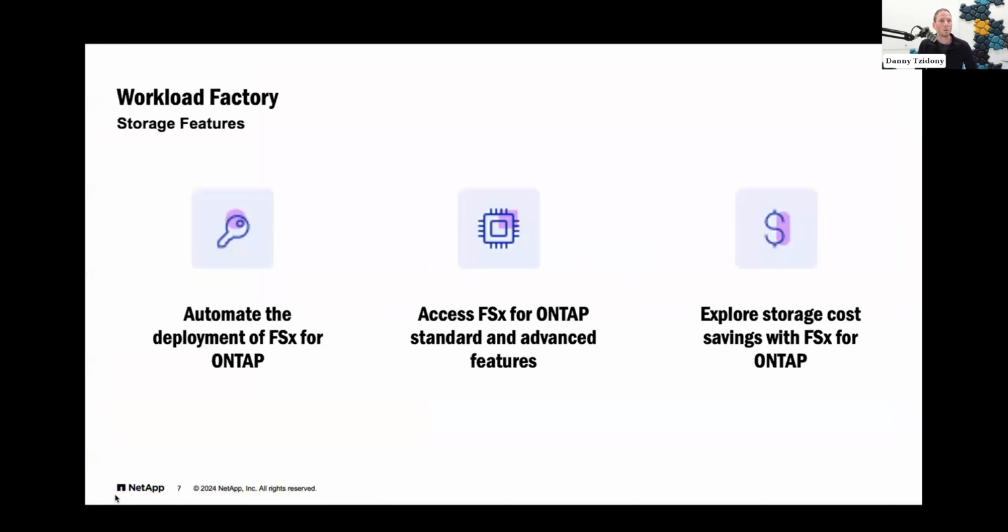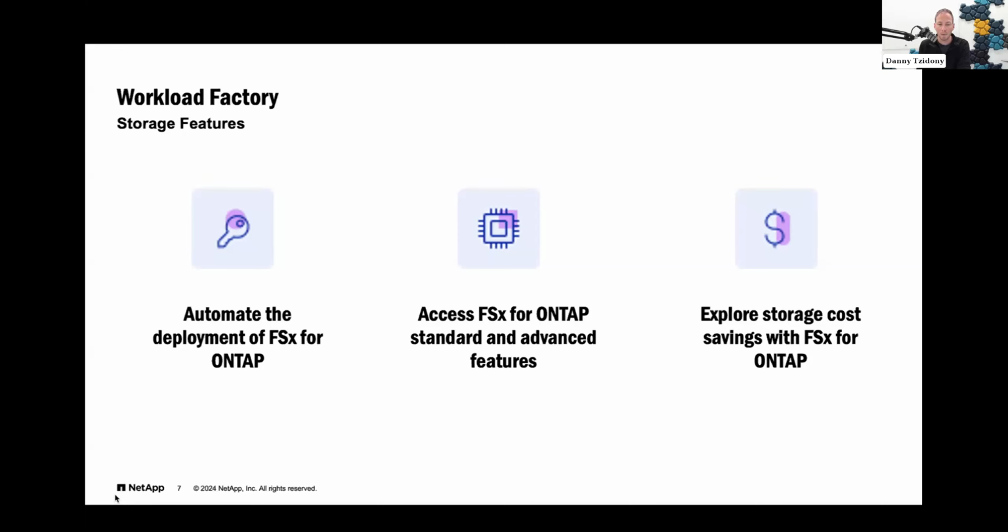And with that, we already talked about the storage features. Basically, what Workload Factory can help with is the automation process. You can put in a configuration, and if you're ready to jump into the cold water, you can already deploy the FSx from the calculator itself. It also gives you access to advanced features that are currently not accessible in the AWS console.